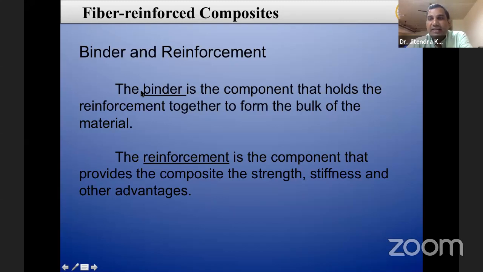This binder may be epoxy or some other means, or you can see at home, in concrete, that cement is a binder, and the other things in concrete are used as reinforcement. And reinforcement is the component that provides the matrix or binder strength, stiffness, and other advantages. So the binder takes the complete load, and your reinforcement supports the binder.